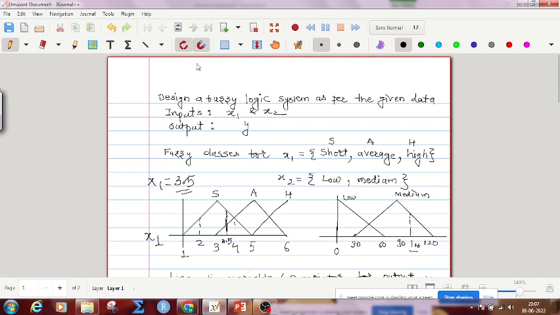So which rules should we consider? Considering x1 as short as well as average, and the value for x2 as medium, we should consider all the combinations containing x1 as short or average and x2 as medium.